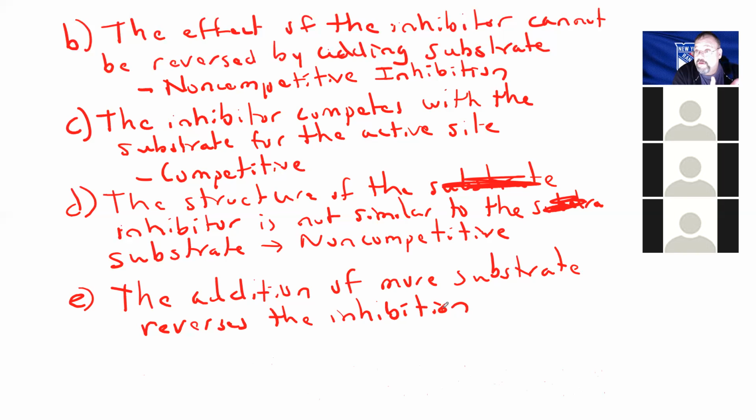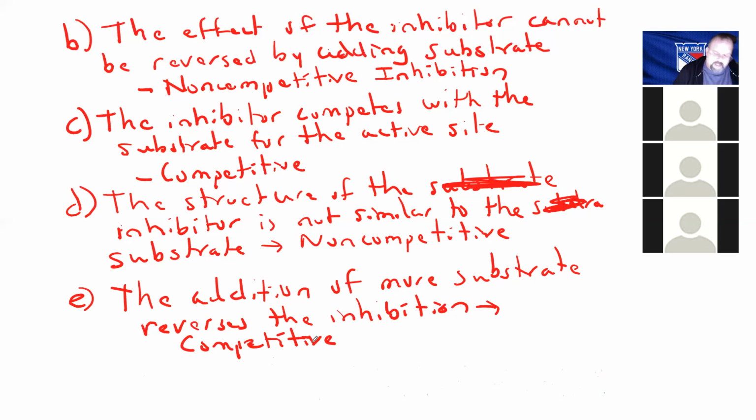It's better. If you have equal amounts and all things are equal, you have a 50-50 chance of one getting to the active site versus the other. But if you double or triple the amount of substrate as compared to inhibitor, and if all of the things are equal, there's a greater probability that the substrate is going to get to the active site first. And therefore, this describes competitive inhibition.